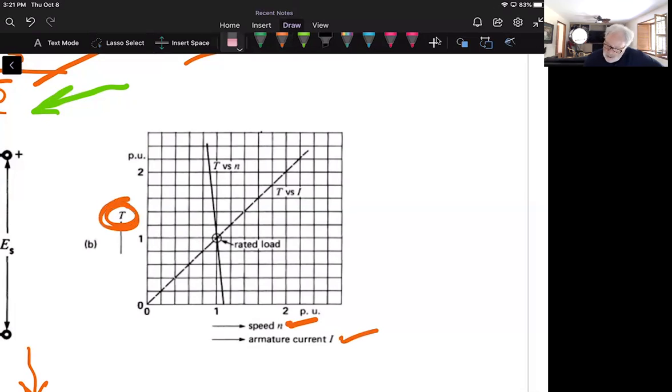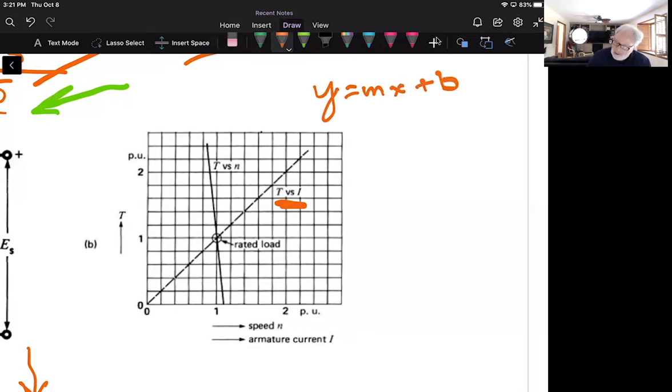So we're actually graphing two curves together on the same axis. Let's look at the torque versus current first. Very obvious. We know from old math days that this is a linear relationship, y equals mx plus b, type of curve.